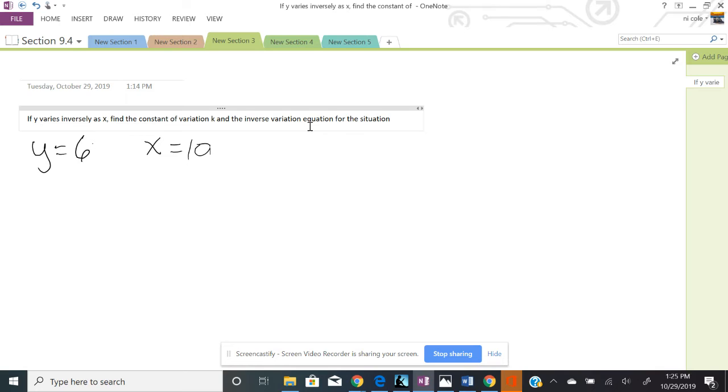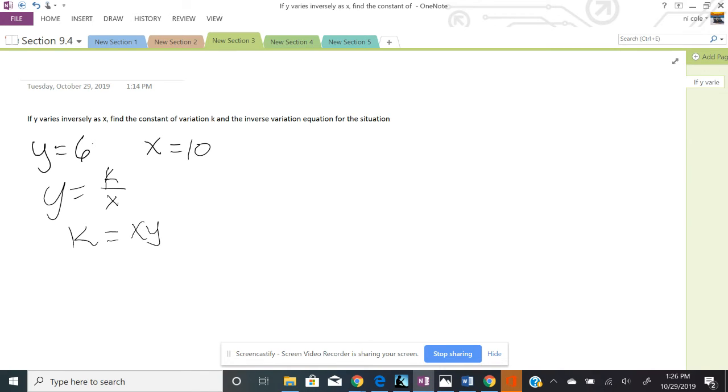If y varies inversely as x, find the constant of variation k and the inverse variation equation for the situation. So remember that equation is y equals k over x. But I need to know my k. So my equation for k is equal to x times y.